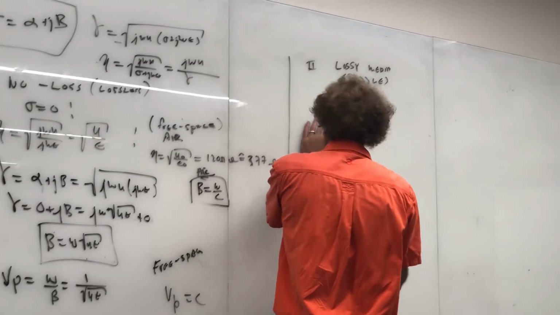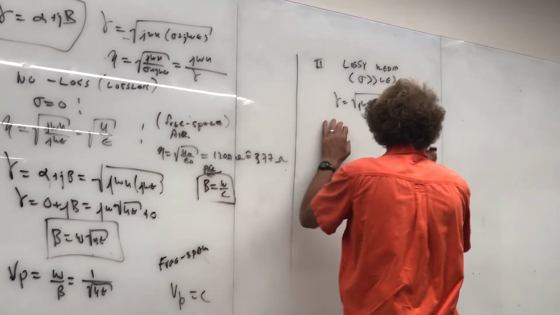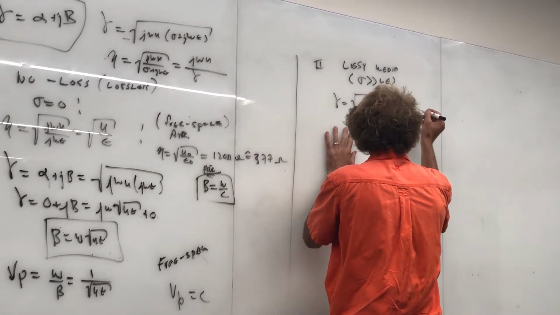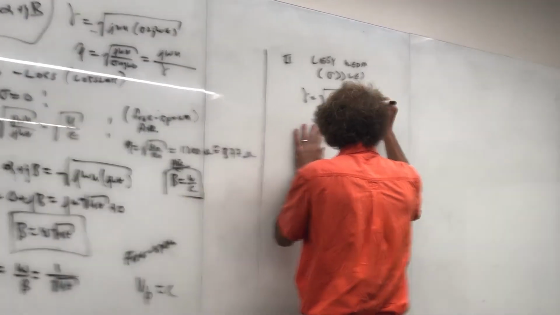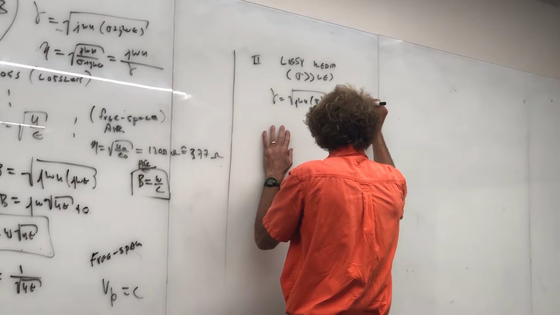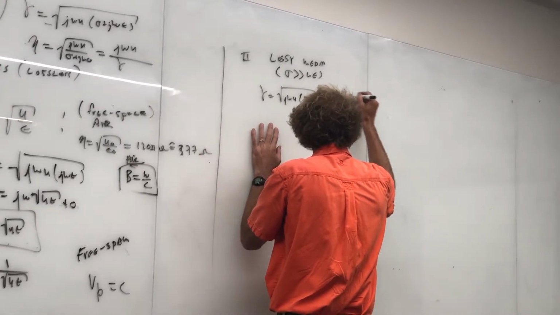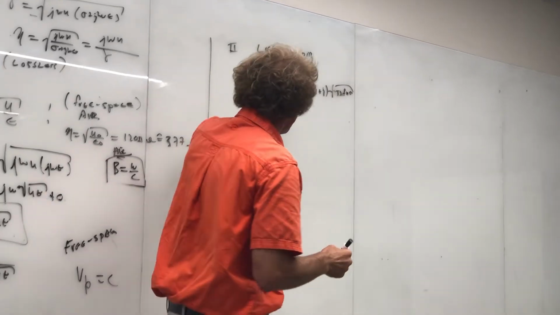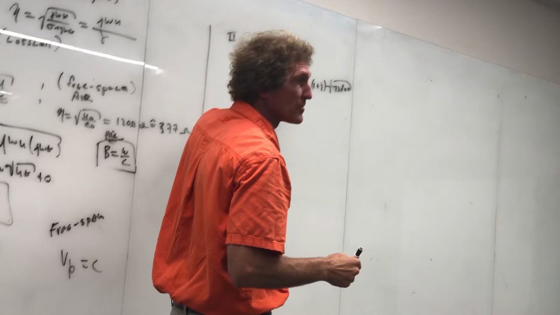There is no omega epsilon because it's assumed sigma is so much greater than that. And that means this is going to be equal to simply 1 plus j times the square root of pi f mu sigma. Now the way I got that was I replaced j with simply 1 plus j over the square root of 2.